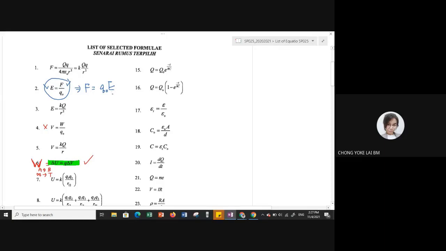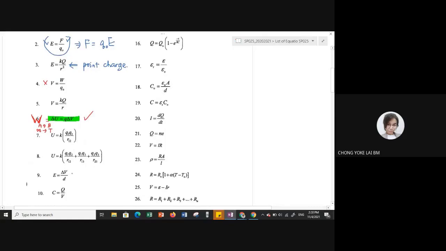Ini yang student selalu silap. Dia akan ambil yang ni. Ini tak boleh. Ini adalah untuk point charge. Tapi soalan sekarang adalah tentang uniform electric field. So uniform electric field, ini adalah E dia. Ini adalah untuk uniform electric field, for parallel plate. Parallel plate macam capacitor.